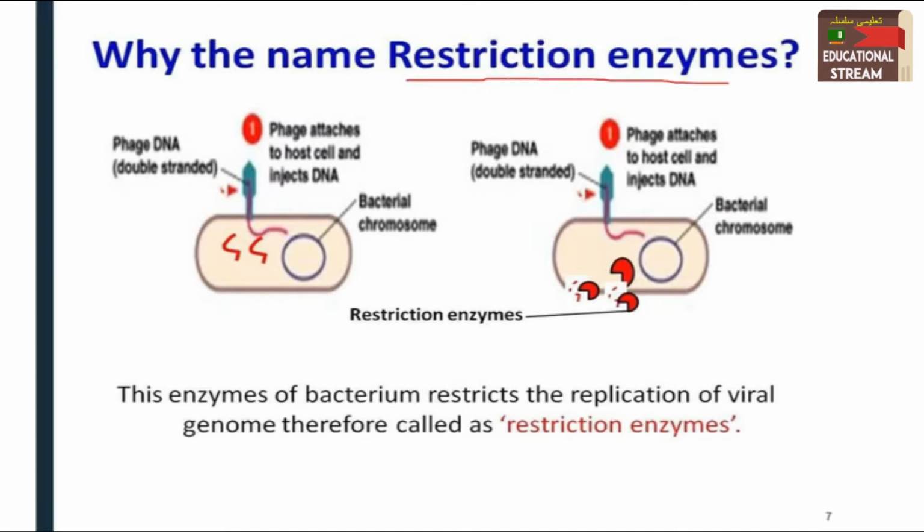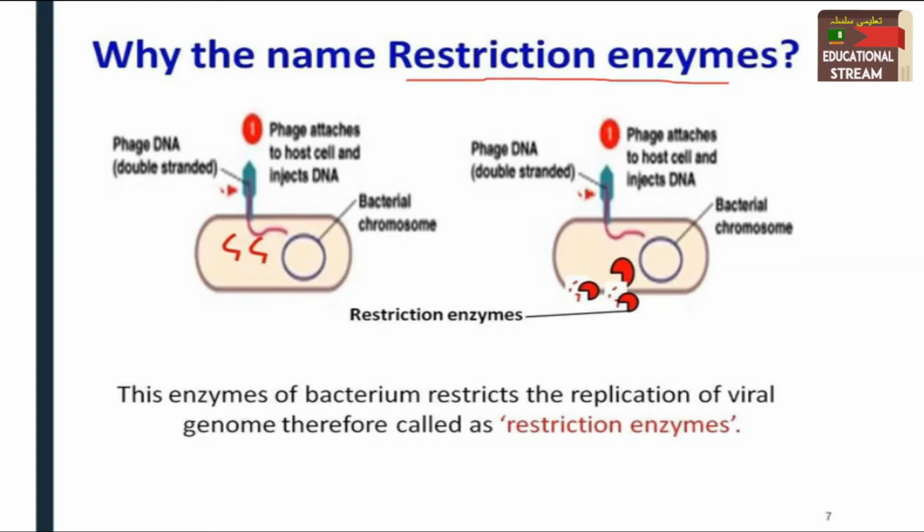A question may come to your mind: why is the name restriction enzyme given to them? This name first originated from the study of phage lambda. As you can see, this is the phage DNA, which is double-stranded. The phage attaches to the host cell and injects its DNA into the host cell, and this is the bacterial chromosome.